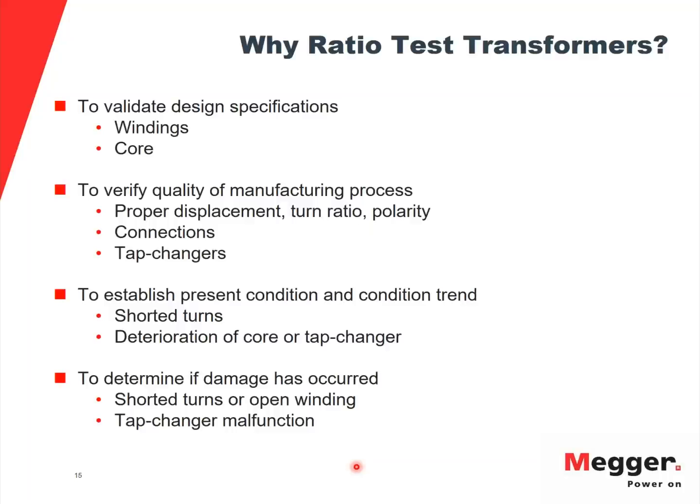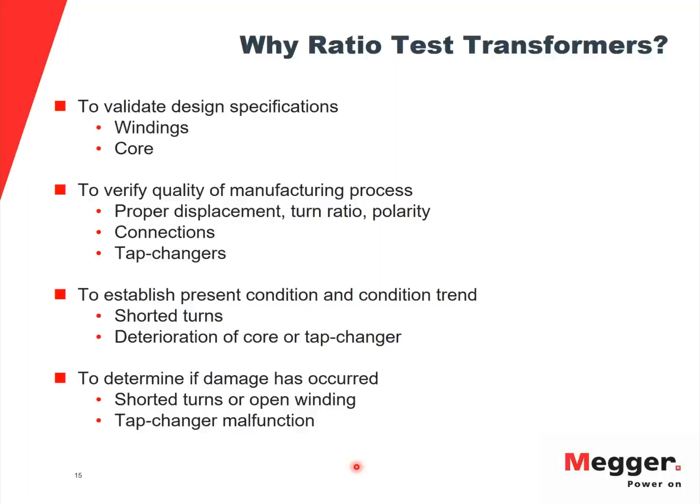Why do I need to do this test? What value do I get out of this test? As you know, this test is performed at various different stages of the life cycle of a transformer. If you are performing an acceptance or a commissioning test, the purpose of this test is to make sure that the windings are designed as per the specifications.